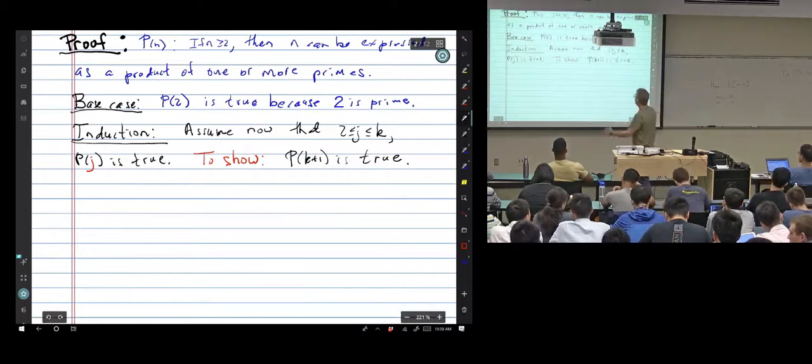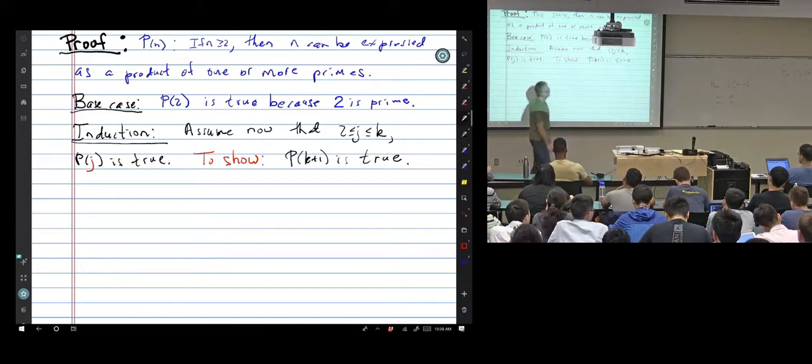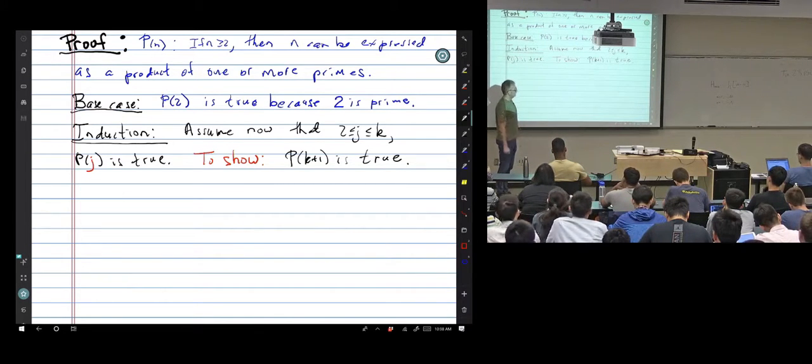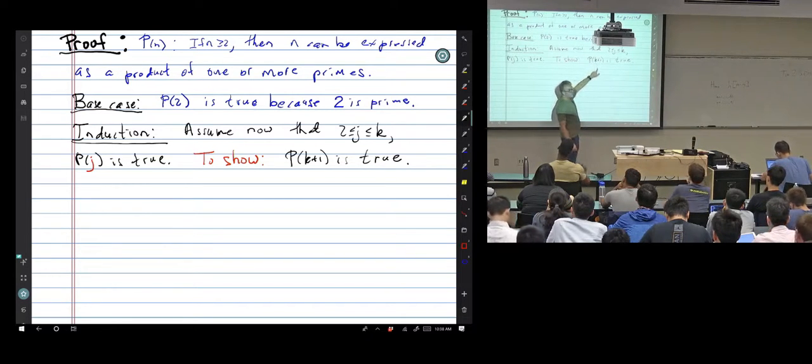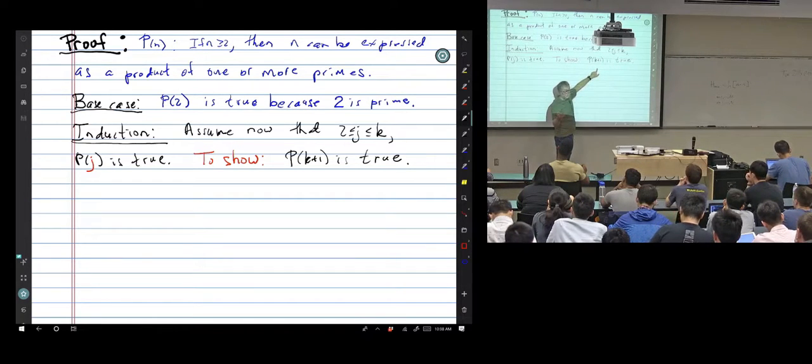Now why would ordinary induction not help very much? Suppose k plus 1 is 11. I know then k is 10.